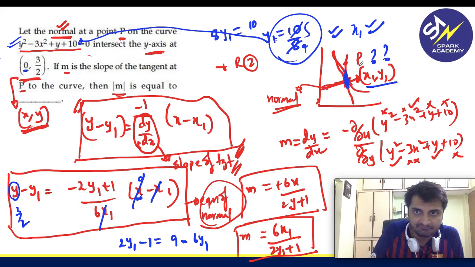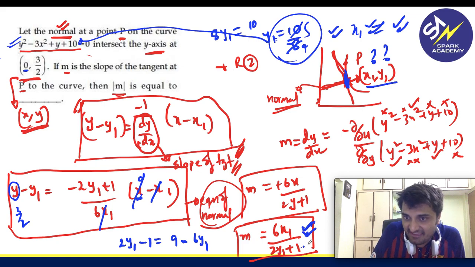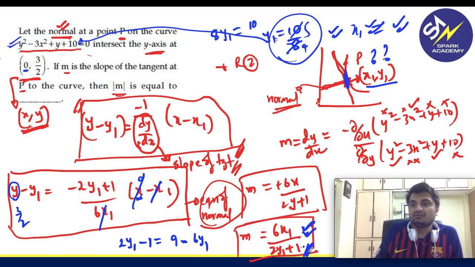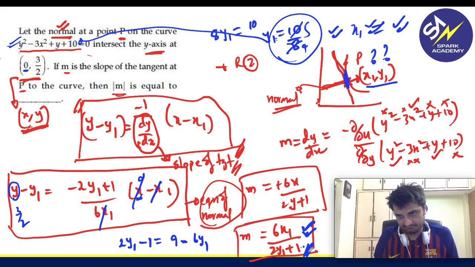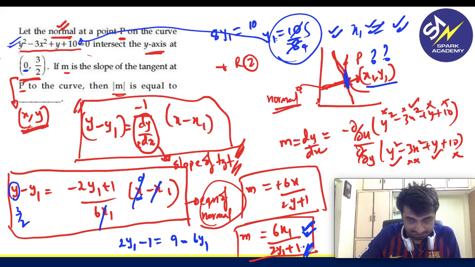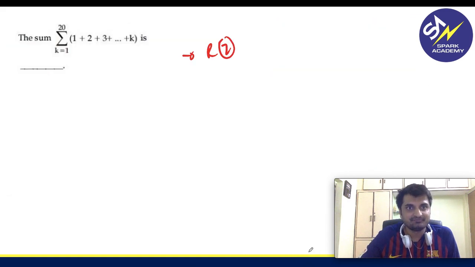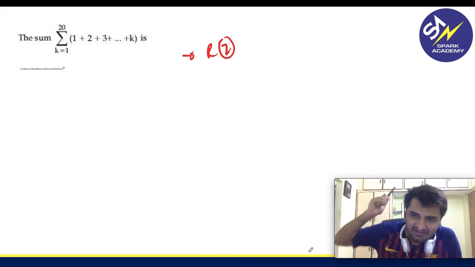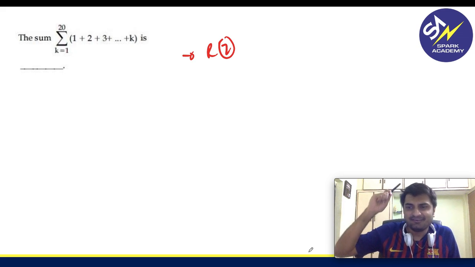Once you know x1, y1, you can substitute here. All we need is the m value. That gives your answer. Slightly lengthy, but again simple concept. We have just used differentiation. This one, very interesting, very easy.